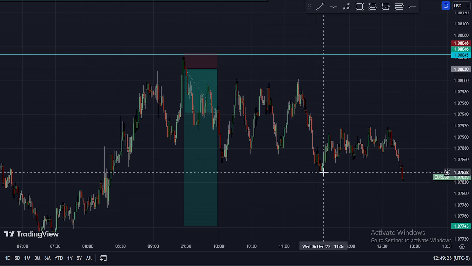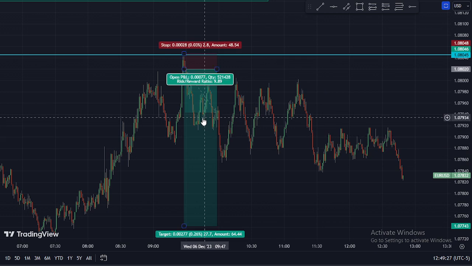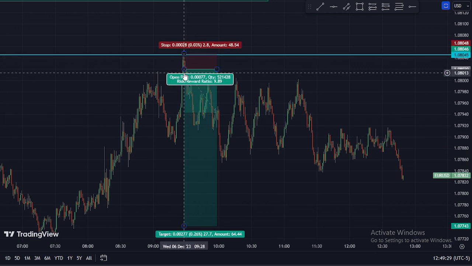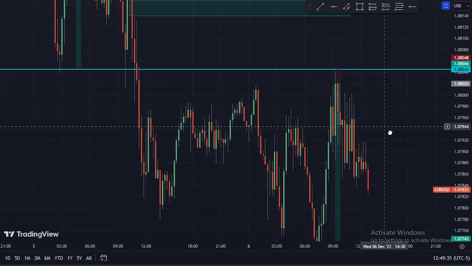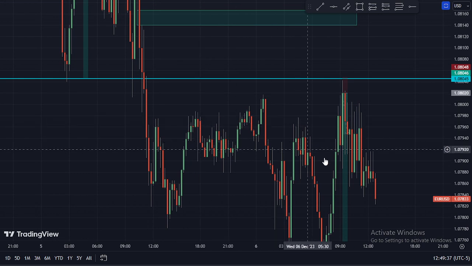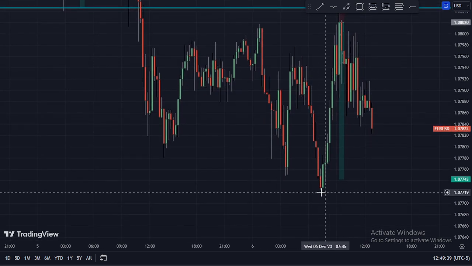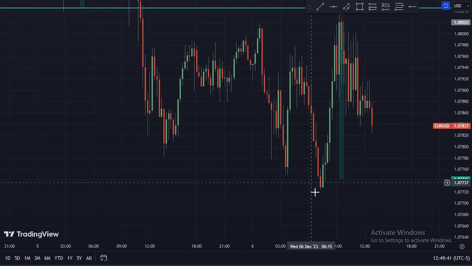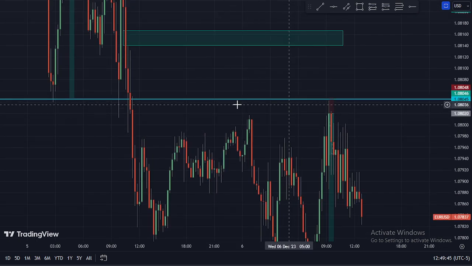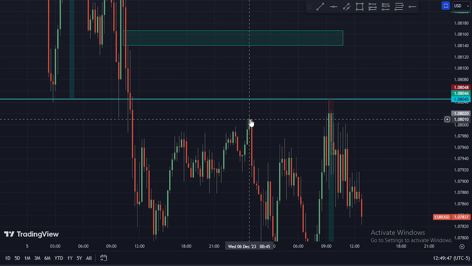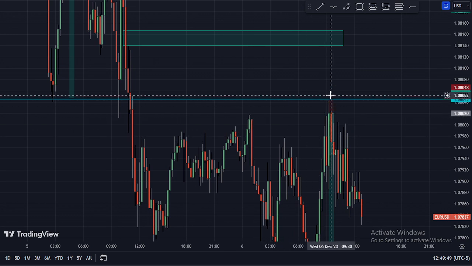So the reason why I took this trade and sent it as a signal to my Telegram group, you see it came from this. This is a good trade. This is the one that I just showed you. Price came, took the buy side right there. This high got taken out.